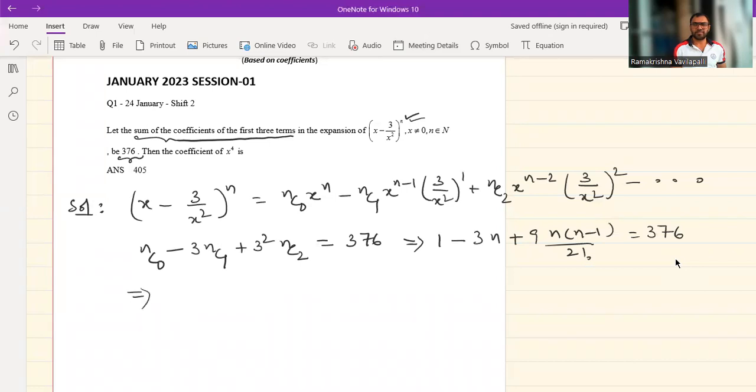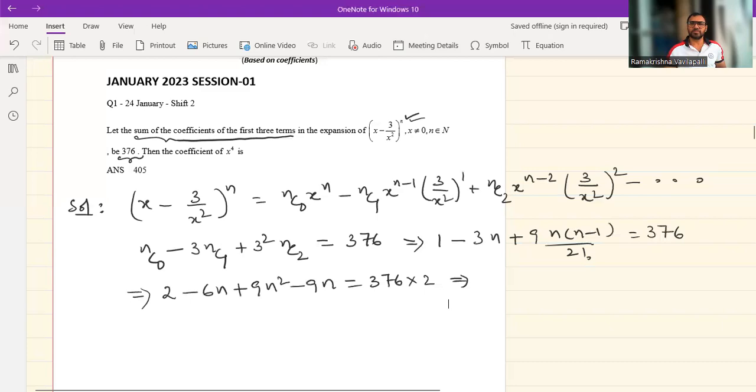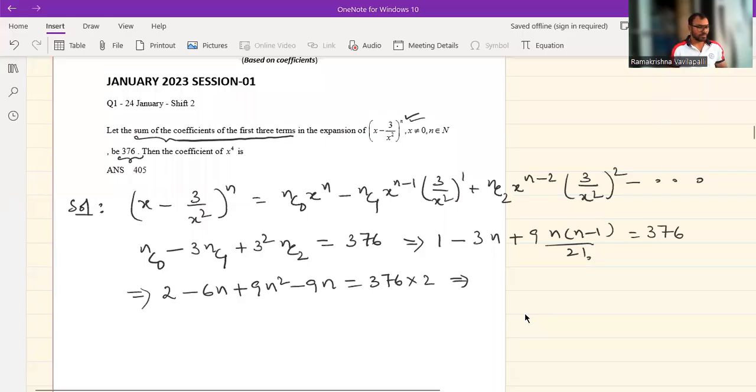Multiplying with 2, you will get 2 - 6n + 9n^2 - 9n equal to 2 times 376, that is 2 into 376.